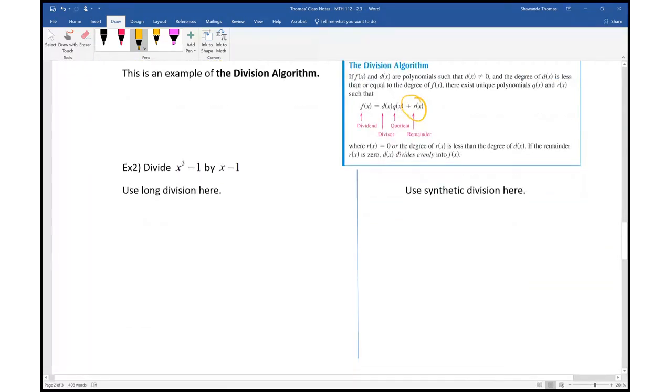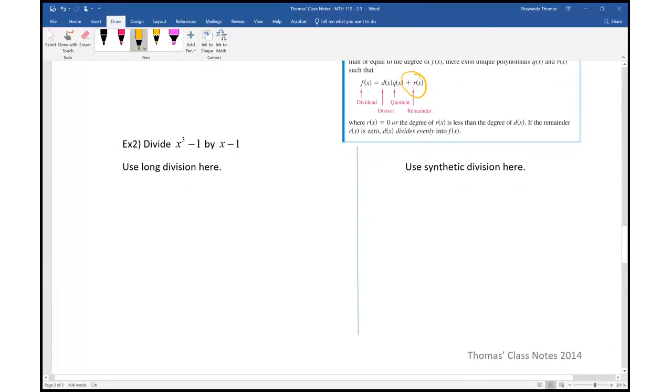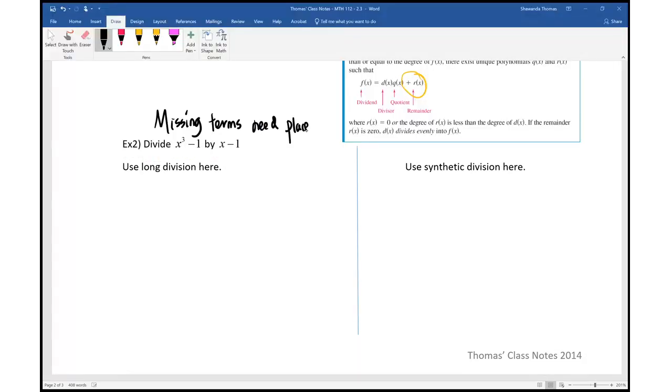Now, let's divide x cubed minus 1 by x minus 1 for more practice. We're going to first go over long division and then synthetic division. What I haven't discussed yet is the fact that if you are missing terms, then you need placeholders. Missing terms need placeholders. So we are missing a couple of terms here.